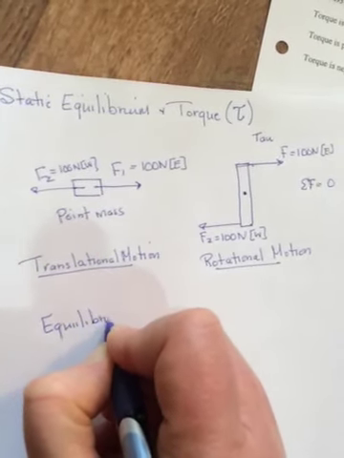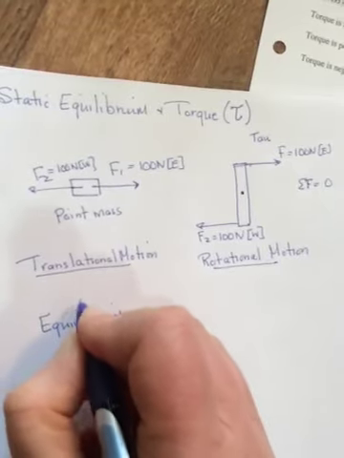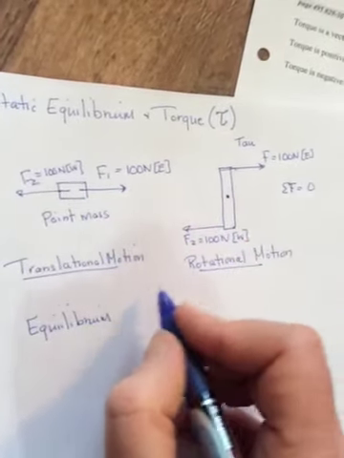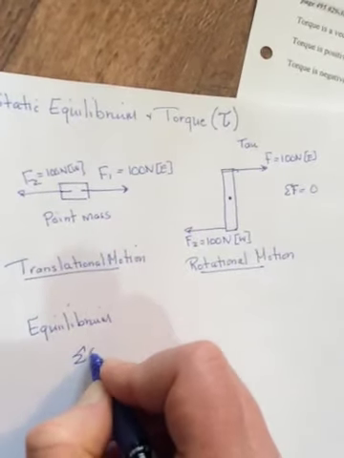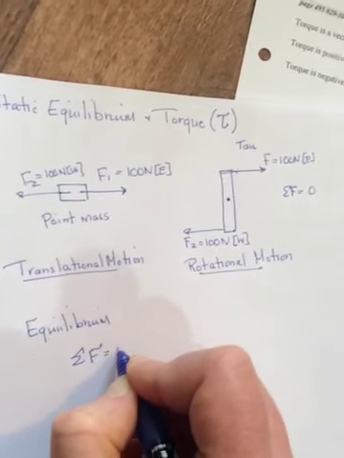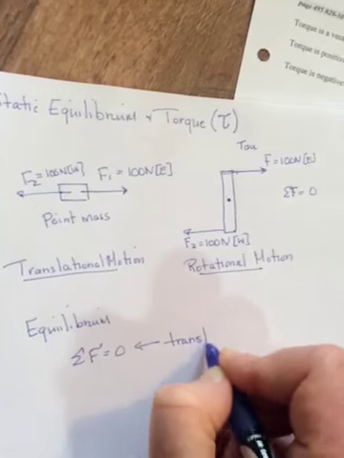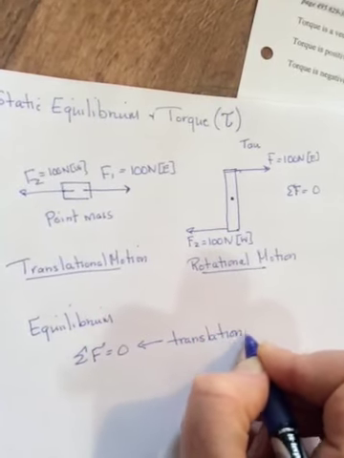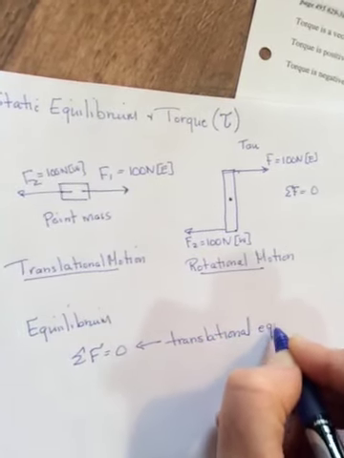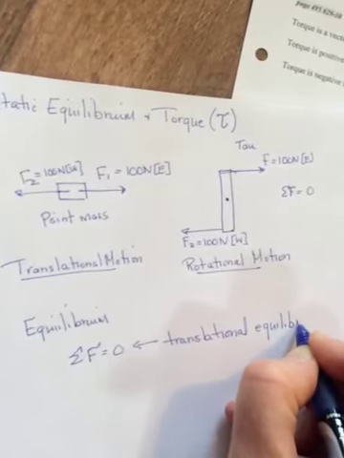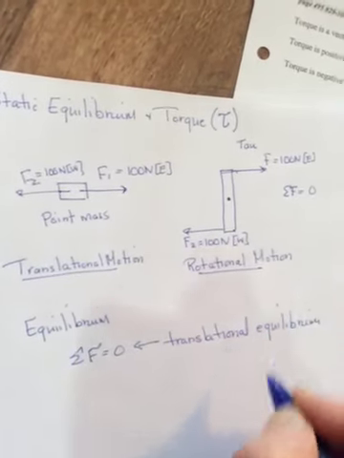Up until now, we assumed something was in equilibrium if the sum of the forces was zero. If the sum of the forces is zero, then this is called translational equilibrium. It means that the whole object is not moving from one location to another.